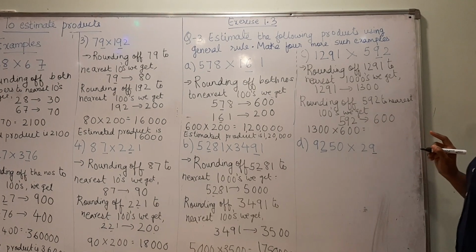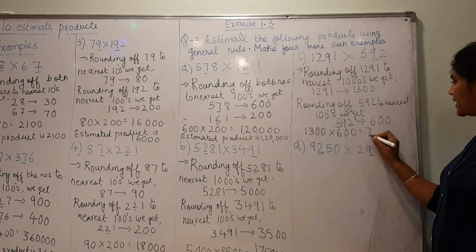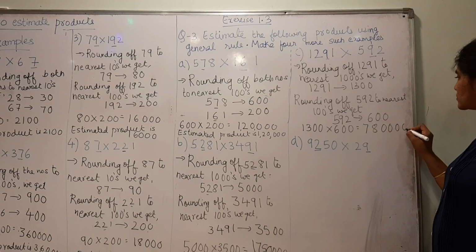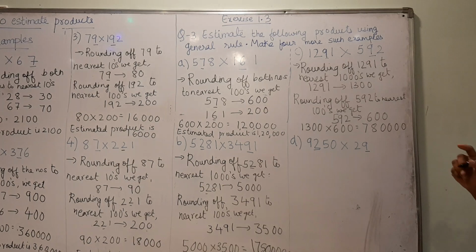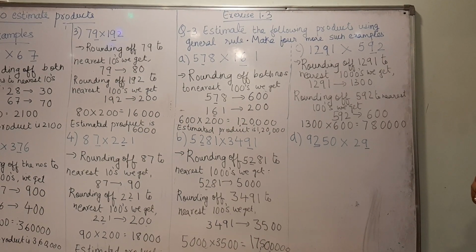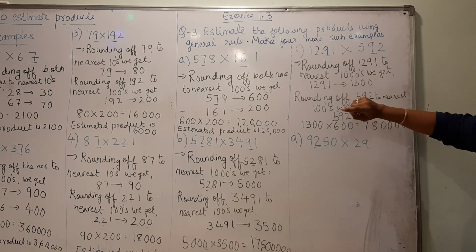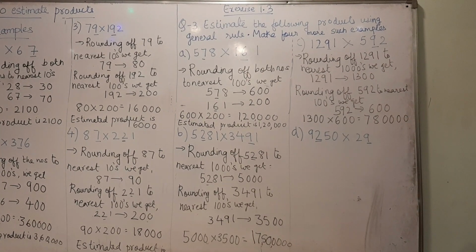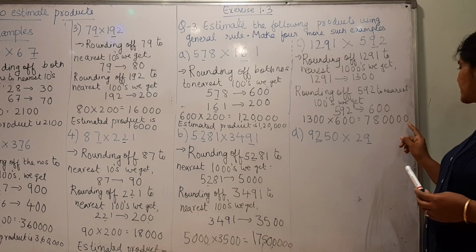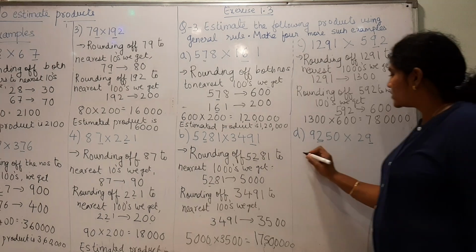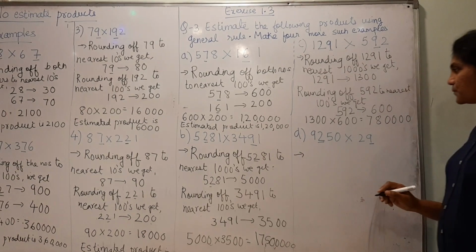So this will be 78 and then 0, 0, 0, 0. Yes. Now this we have rounded off to thousands, this to hundreds, and multiply it. So this is 7,80,000.